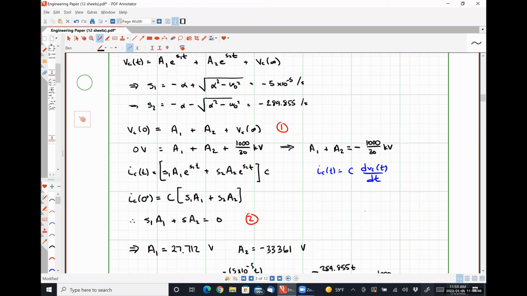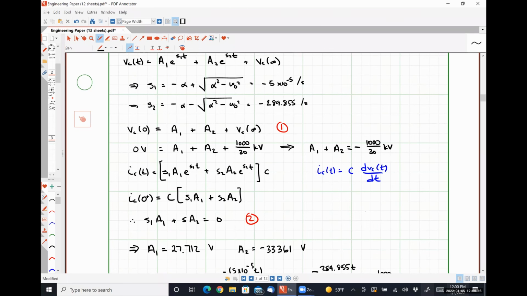We have A1 plus A2 is equal to negative 1,000 over 30 times 10 to the 3, or negative 33,333 volts.